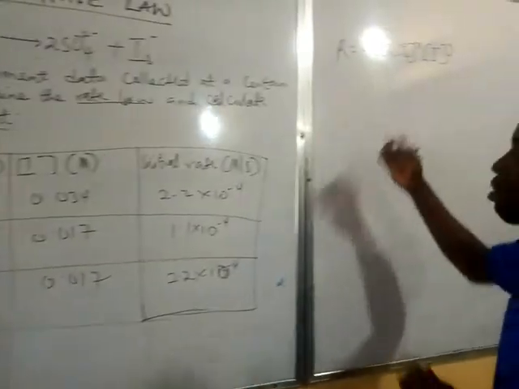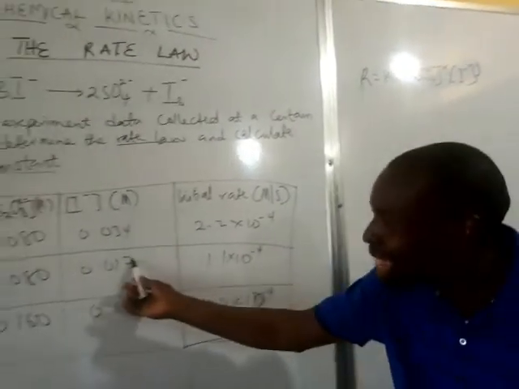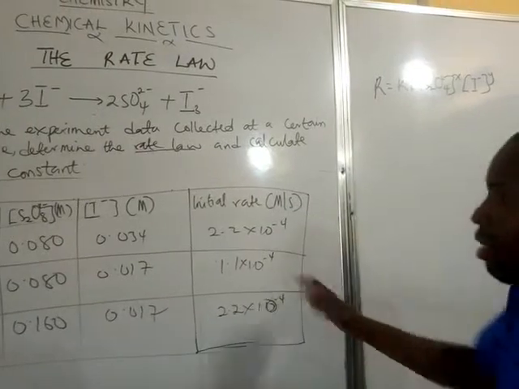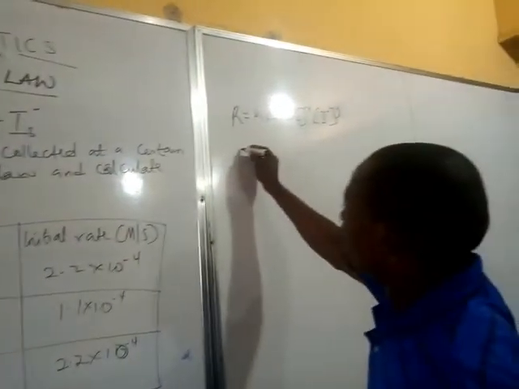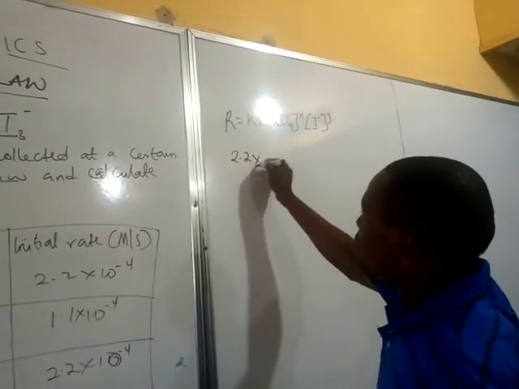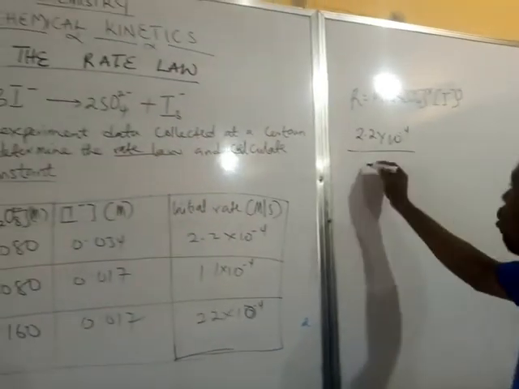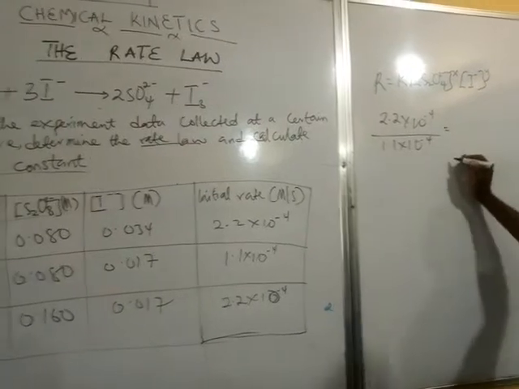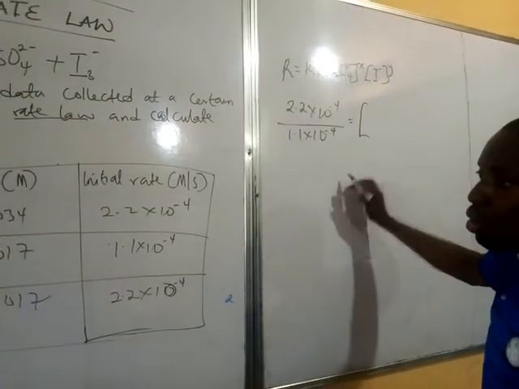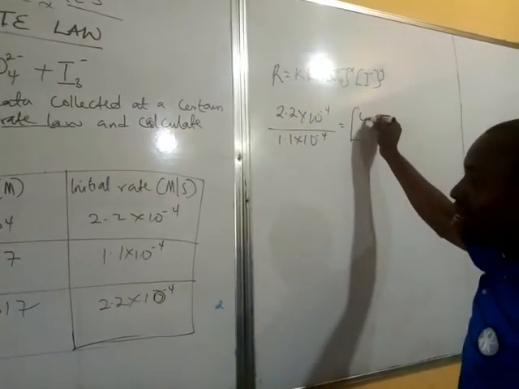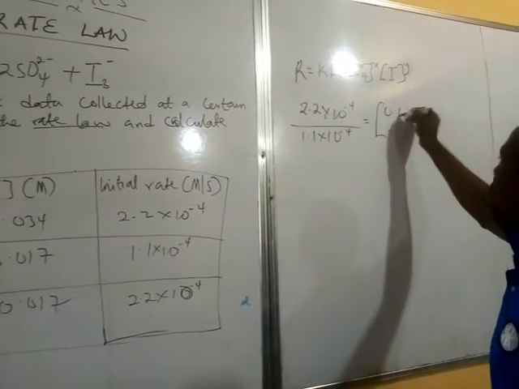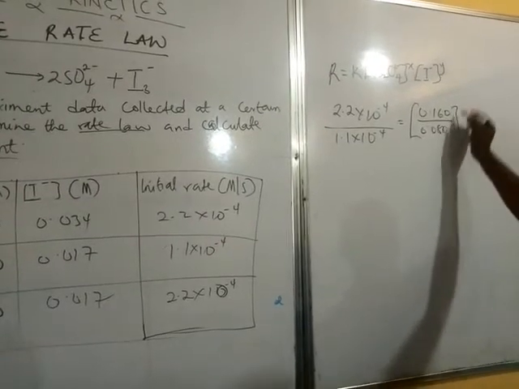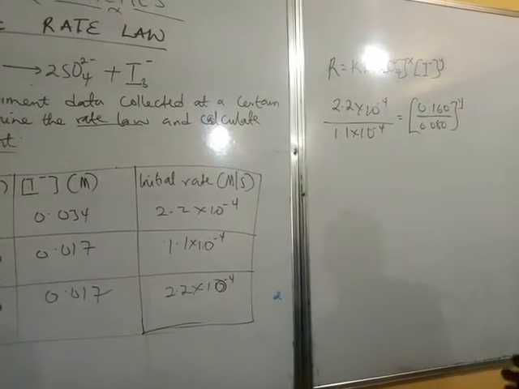It becomes very simple. Since you know that here they're going to cancel, it means you have to relate this and this, which should now be 2.2 times 10 raised to minus 4 divided by 1.1 times 10 raised to minus 4, which is equal to 0.160 over 0.0810 raised to power y.